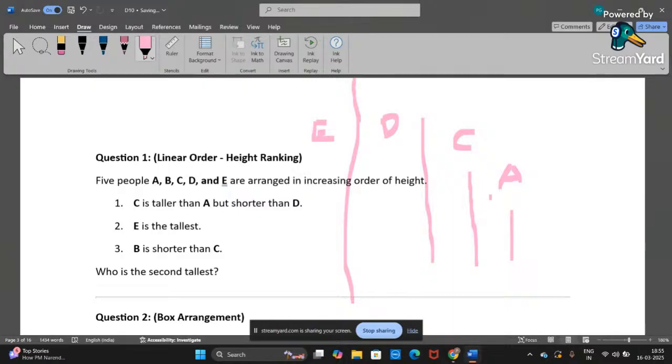B is shorter than C. It will be somewhere here, or we don't know, it may be here also. But according to the condition, it is here. Who is the second tallest? One, two. So the answer is D, the second tallest person.